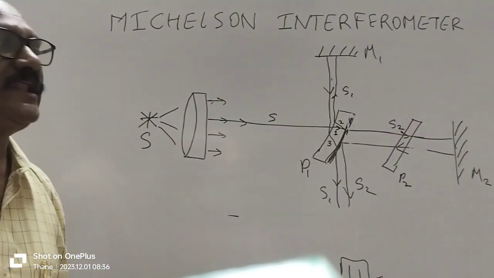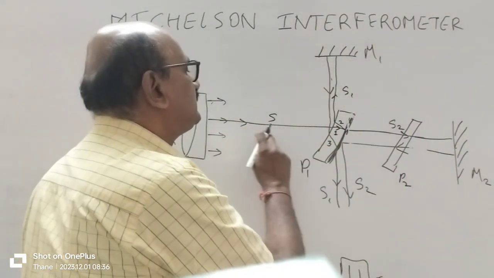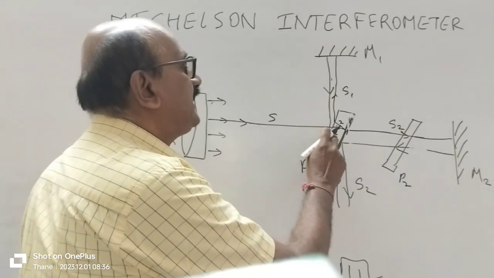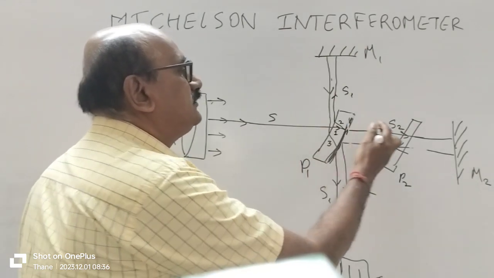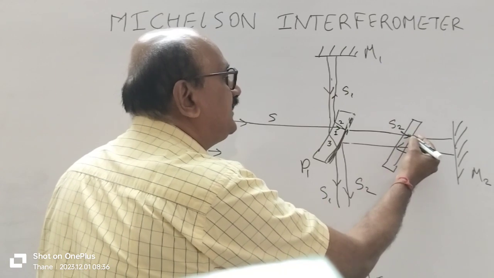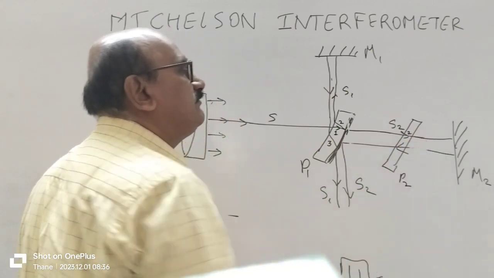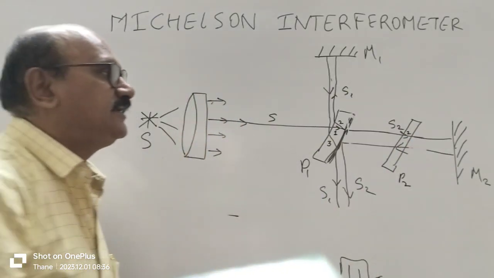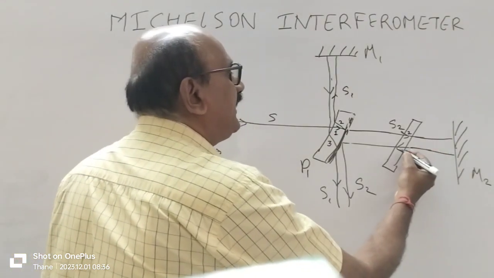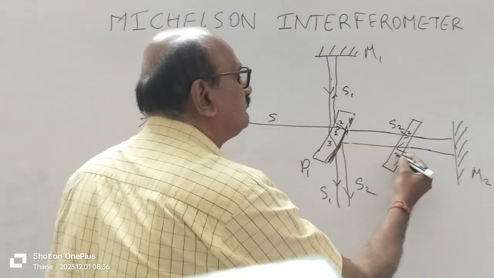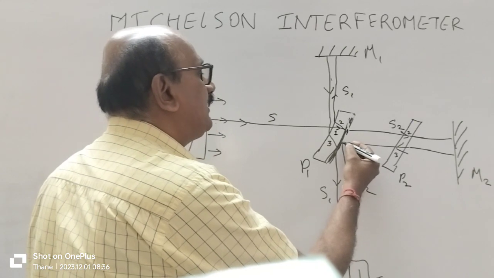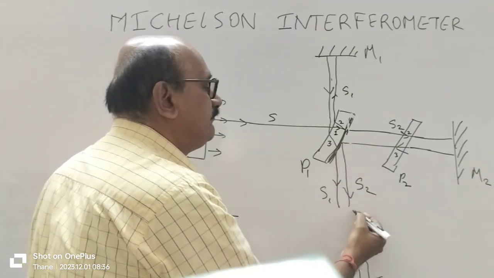Now see what happens. The ray S2 which is starting from the source travels once in the glass medium. Now it is moving towards M2, then it has to travel a second time in the glass medium. It gets reflected back and it again travels in the glass medium a third time. Then it reaches the backside of P1 and comes out.